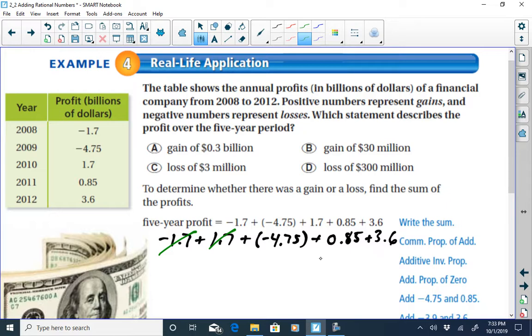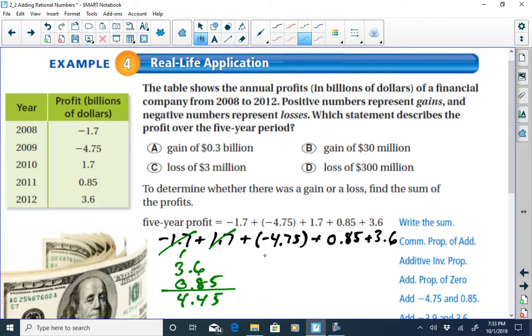Now, in order to save some work and make it a little bit easier, we're going to take the 0.85 and the 3.6 and add them together first. So we have 3.6, and we're going to add 0.85, and let's add them together. So that's going to give me 5. 6 and 8 is 14. Carry the 1, so it's going to be 4.45.